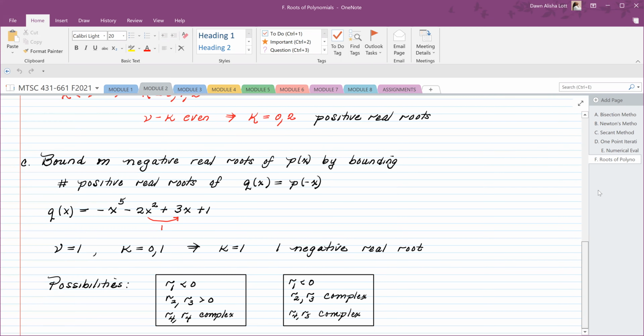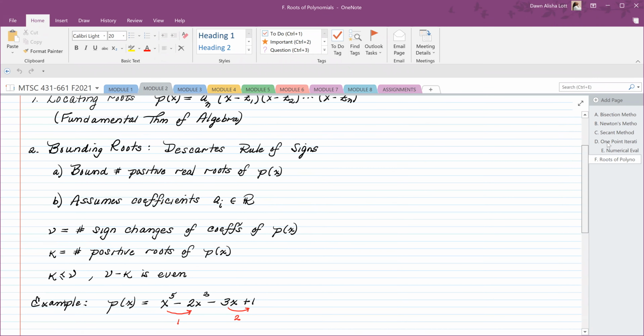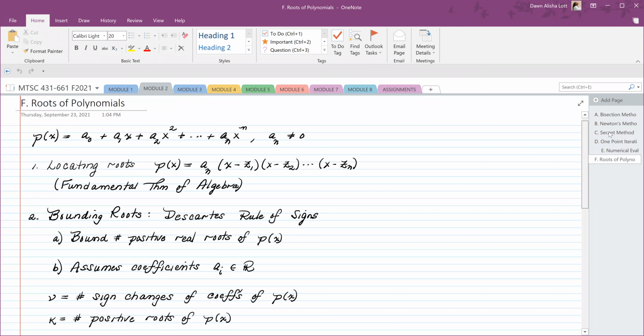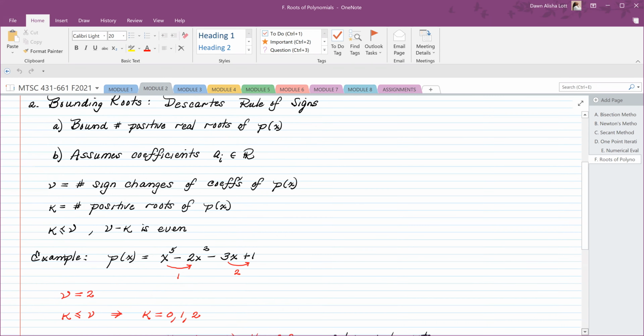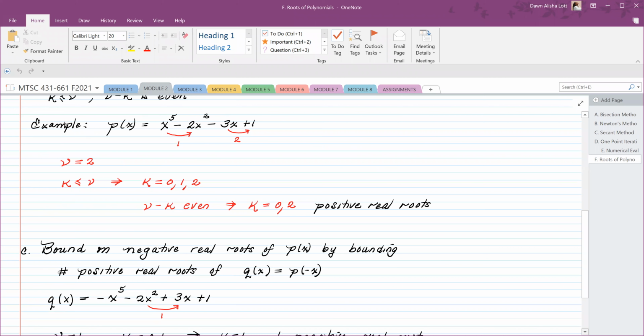So the first thing we had looked at was locating some of the roots using the fundamental theorem of algebra. We looked at bounding some of the roots using Descartes' rule of signs. I gave you an example where we were able to look at the number of positive roots, and then in order to find the number of negative roots, we look for the number of positive roots of p of minus x.